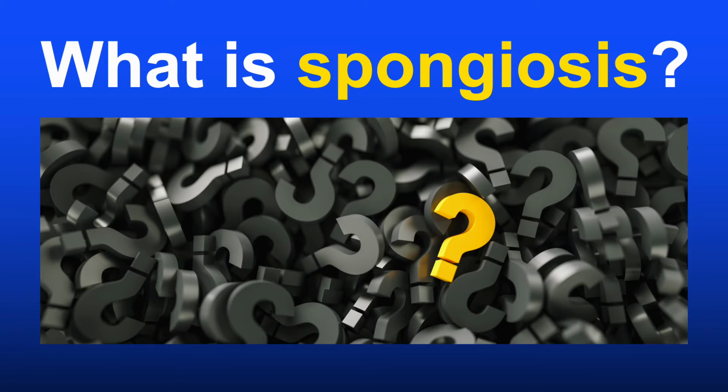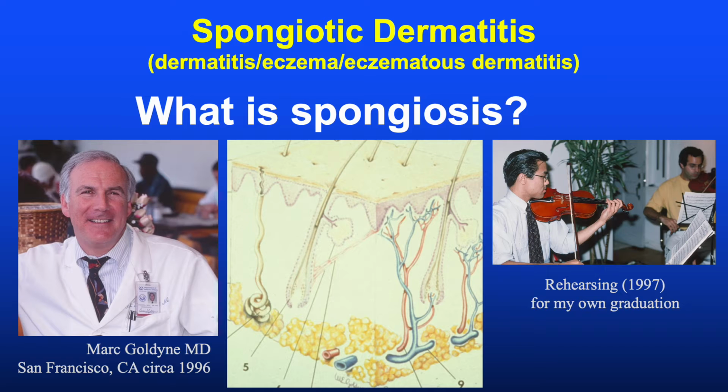So what is spongiosis? As someone who's been both a student and a teacher for essentially my entire life, I like to pay tribute to those who have taught me. And this includes Dr. Mark Goldine, professor of dermatology at University of California, San Francisco. Back in the pre-digital age, he was a talented artist and provided me with this diagram of the skin that I use in many of my teaching sessions.